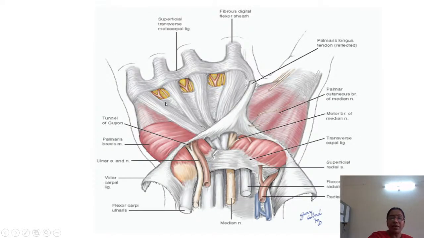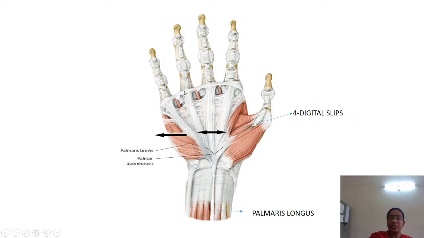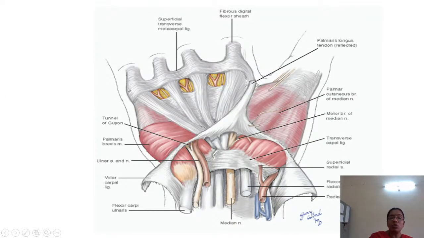When you see the base, yes, the base is wide, consisting of two slips: this is the superficial and this is the deep. In the same way, here is the superficial transverse metacarpal ligament. The superficial slip continues with the superficial fascia of the dermis and forms the superficial transverse metacarpal ligament.